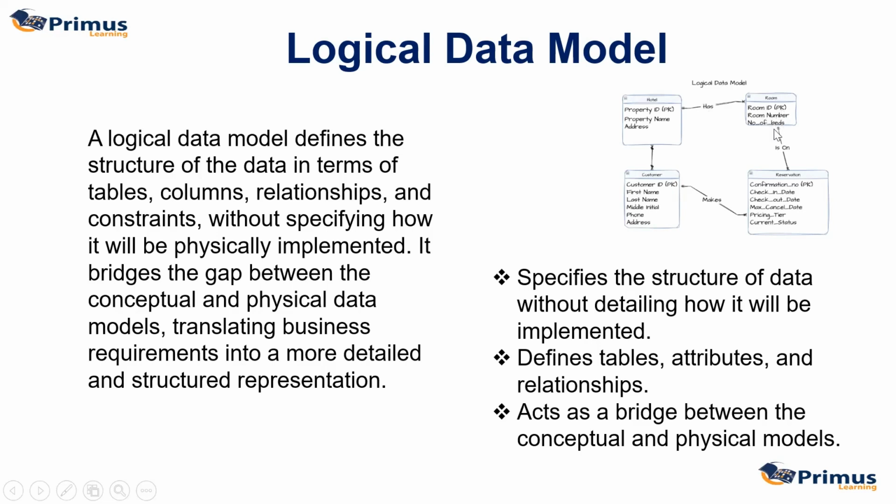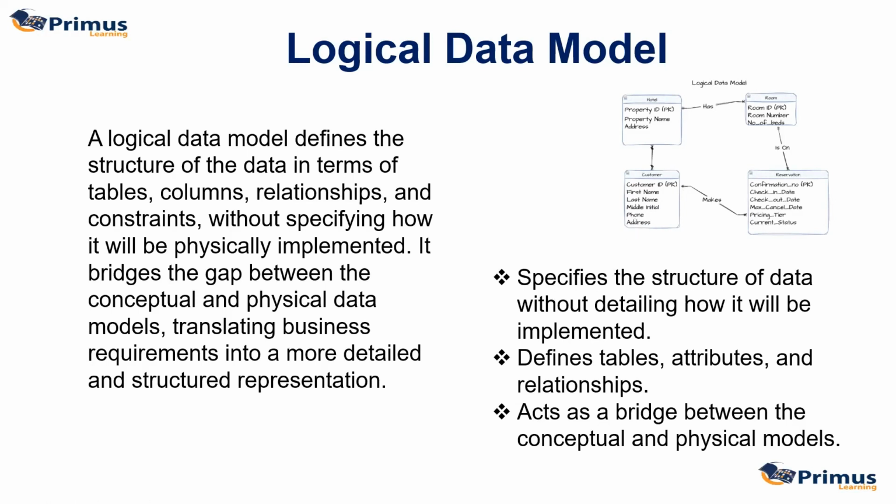We have the room number, and we have number of beds in these rooms. And then we have the customer, who is identified by the customer ID. And this is the primary key. We have the first name of that customer, last name, and the middle initial. Then we have the phone number and the address.